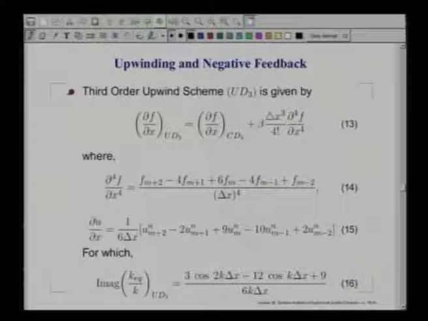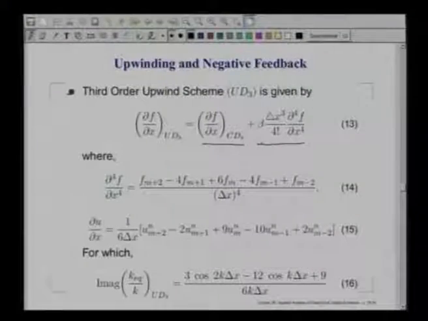Say, for example, we generalize it to a third order upwind scheme. So, third order upwind scheme will be, I will take the derivative here, a fourth order central difference scheme, and to that I will add a fourth derivative. That is your third order upwind scheme. You can successively generate fifth order, seventh order schemes, and so on and so forth.